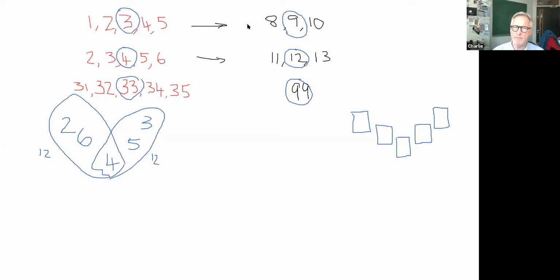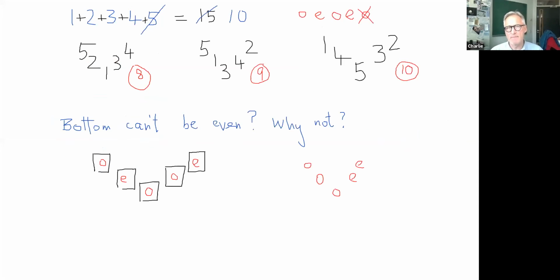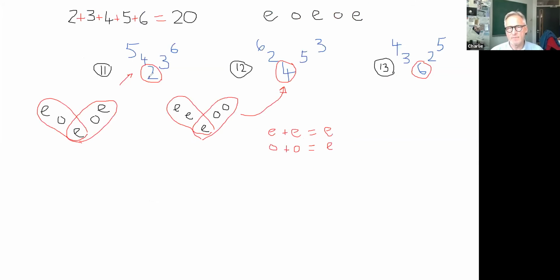So I'll leave people to finish that off because we want a total of 100 rather than 99. And I think with these 5 numbers, I can also make a total of 98. And so looking back at what we've done, we got totals of 8, 9, and 10, and we got totals of 11, 12, and 13, depending on what numbers went at the bottom.